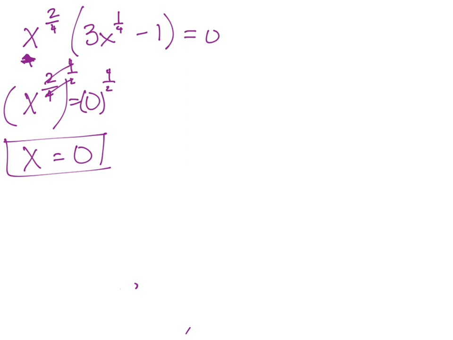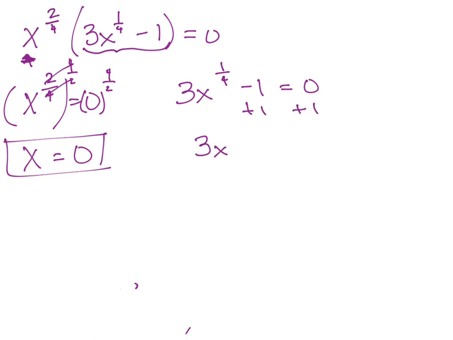All right, let's set the other piece, this right here, equal to 0. We have 3x to the 1/4 minus 1 equal to 0. What's next? Add 1 to both sides.